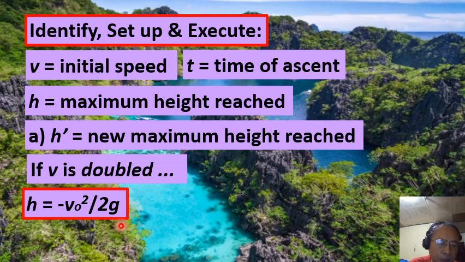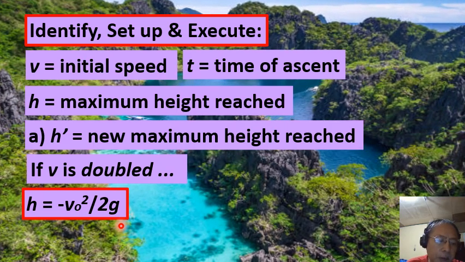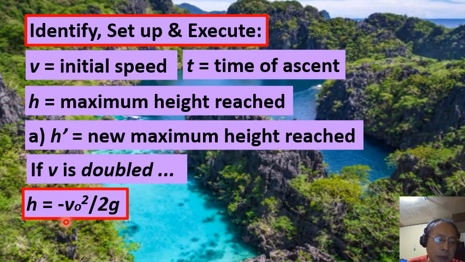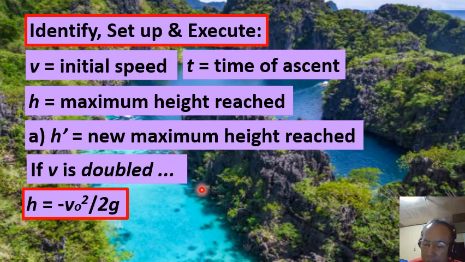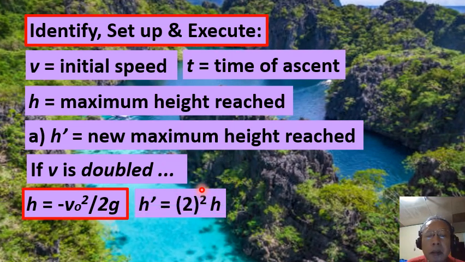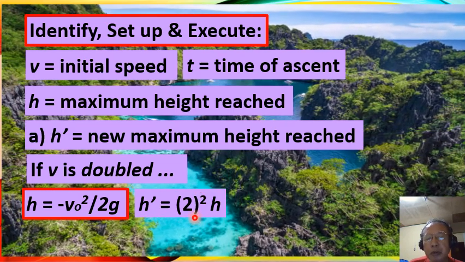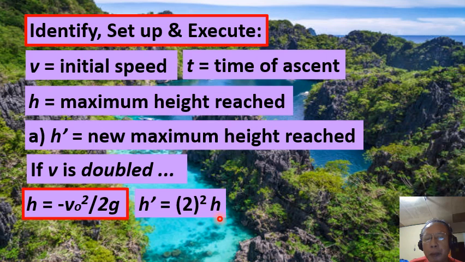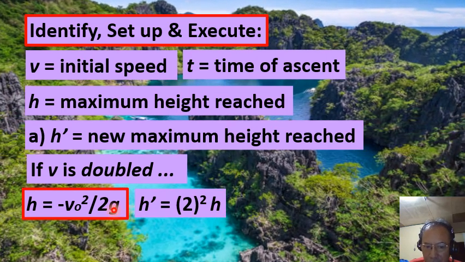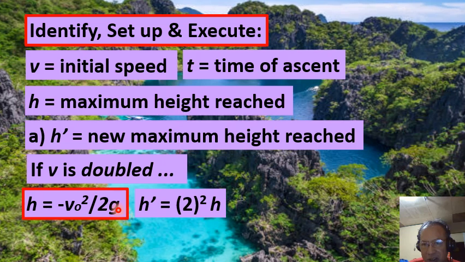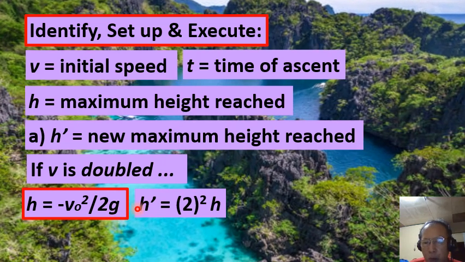So if we let the new maximum height be h prime, then h prime can just be equal to the square of 2 multiplied by the original height h. Since 2g is a constant, we can just let 2g be equal to 1.